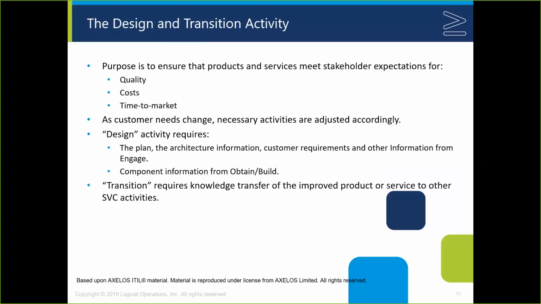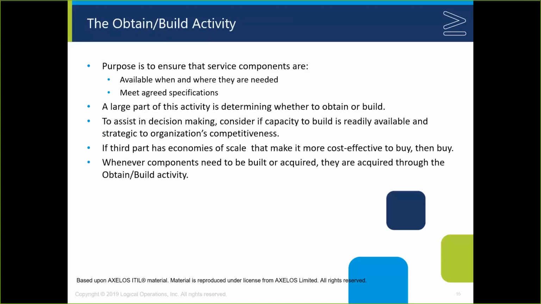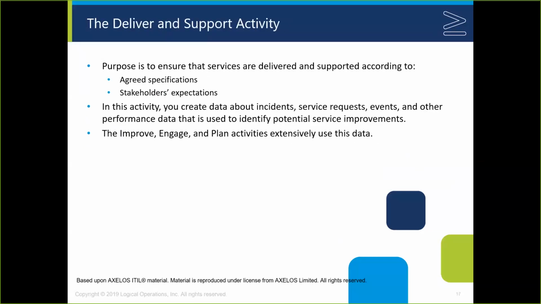We have to be able eventually to transition them out of development and into production. We obtain and build components. This is really the newish one introduced in ITIL V4 that was more or less implied in different parts of V3, but not explicitly stated, that we need to be able to obtain components or build them once we've actually designed them, right? And then ultimately we need to be able to deliver and support things.